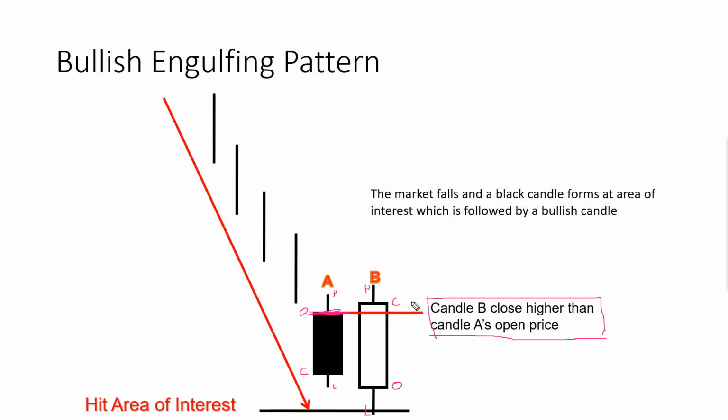The key point is that for this B candle, the closing price closed higher than candle A's opening price. Then you have what we call a bullish engulfing pattern.